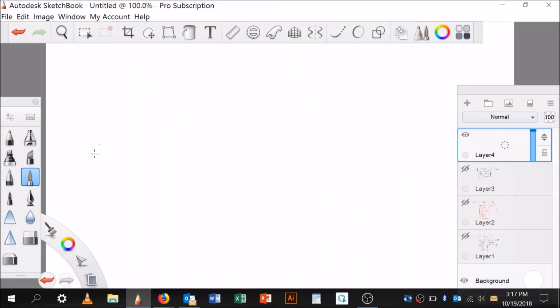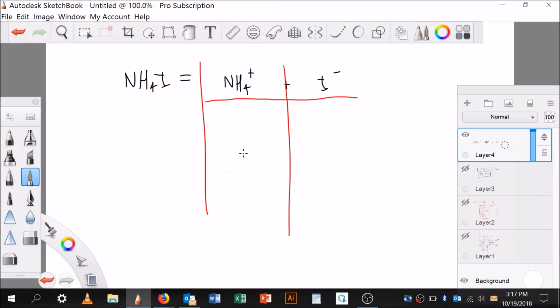Okay, ammonium iodide. So what I'm going to do is say, this is really ammonium plus iodide. Let's go here now in red, and let's think about these two guys separately. Well, this is the conjugate base of HI, which is a strong acid. So if that's a strong acid, therefore this iodide is very unreactive.